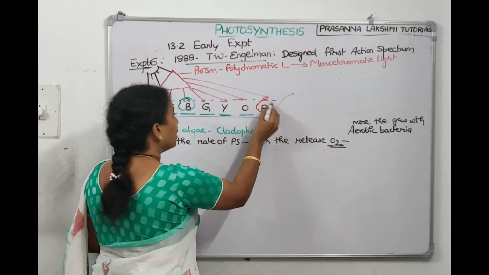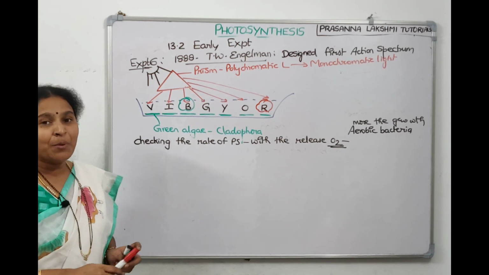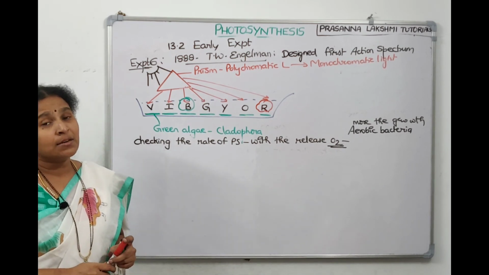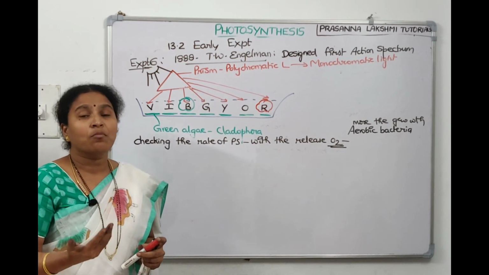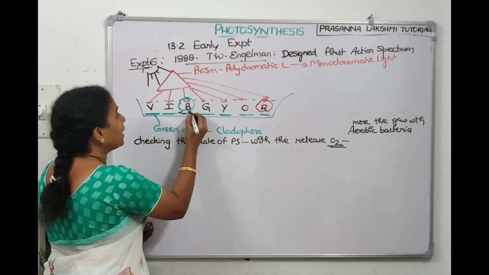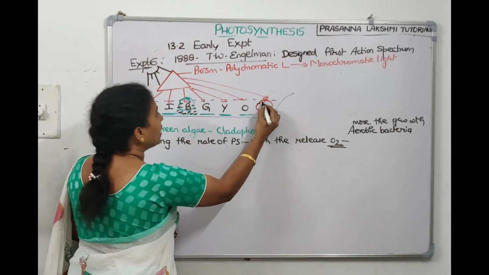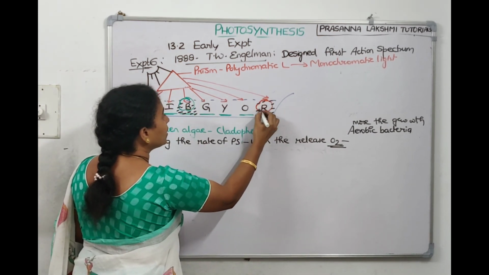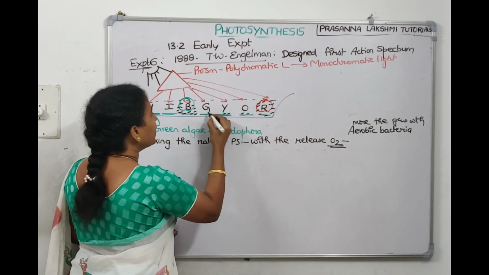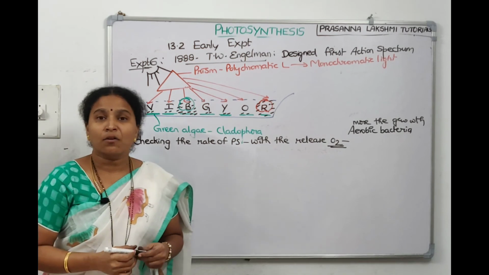It seems the photosynthetic rate is more, which means oxygen release will be more. When more oxygen is evolved, more aerobic bacteria will grow. The bacteria accumulated more in these wavelengths, whereas at the other wavelengths bacteria are very few.